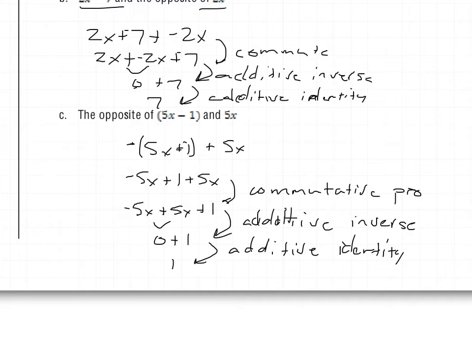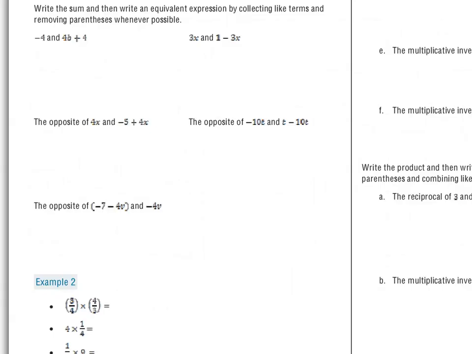Alright, let's look at the rest of our work now. Okay, looking at these 5 problems, you're going to do exactly what we did on the previous problems. With your partner, or in this particular case, since you're independent, by yourself, go ahead and write the sum of each of these, and then combine like terms, equivalent expressions, and then I want you to be labeling the properties as well.